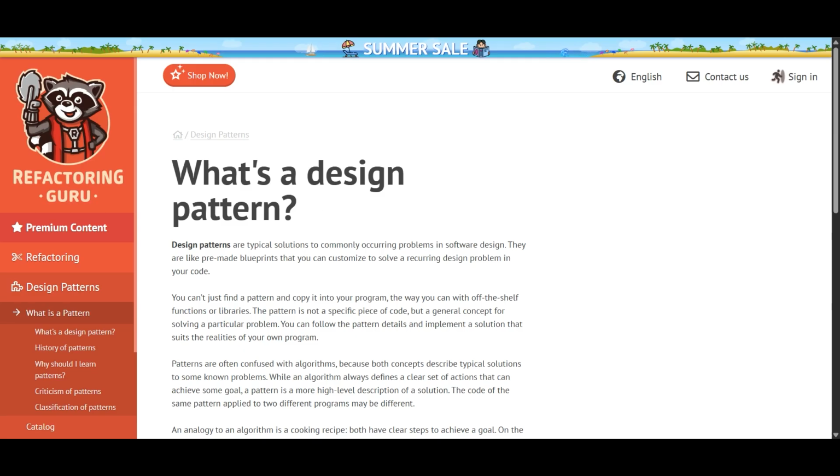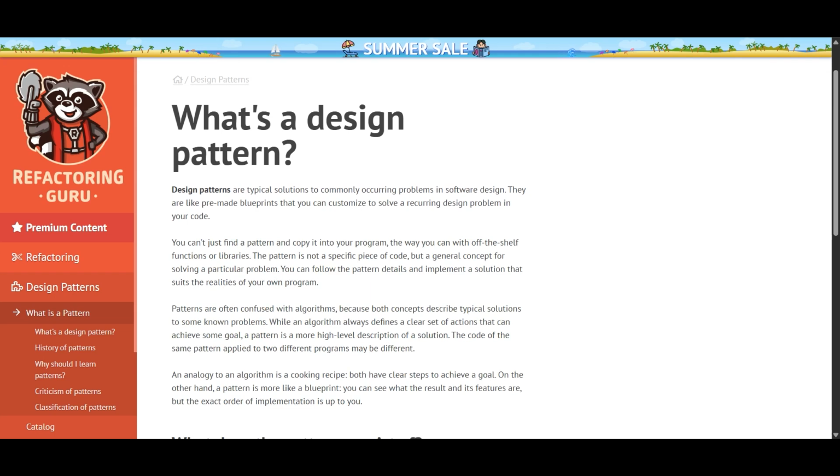Well, a design pattern is a typical, well tested and well known solution for some commonly occurring problems that we have in the software world. It is like a blueprint that we are going to apply to our code, to our program, to solve some problems.